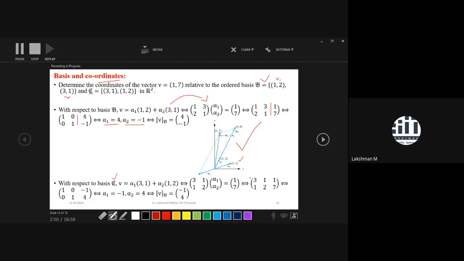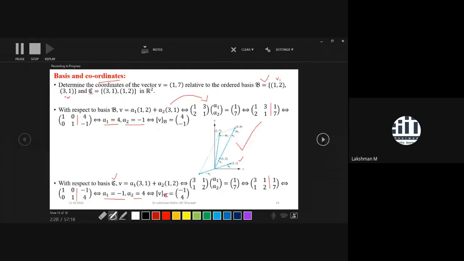Again you have to solve this system of linear equations. The last column is the augmented column, and you will find that alpha 1 has value minus 1 and alpha 2 has value 4. It implies that the coordinate of v with respect to c is changed. Now it is (-1, 4).